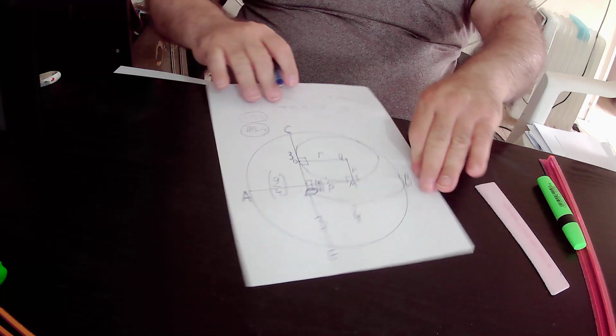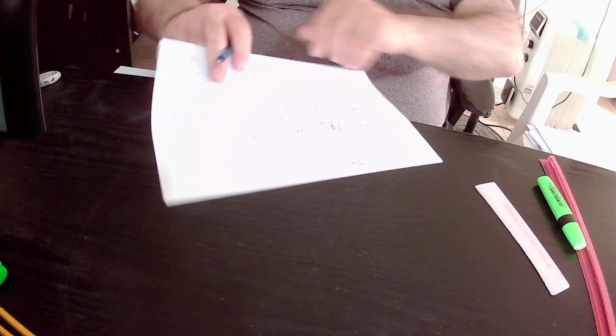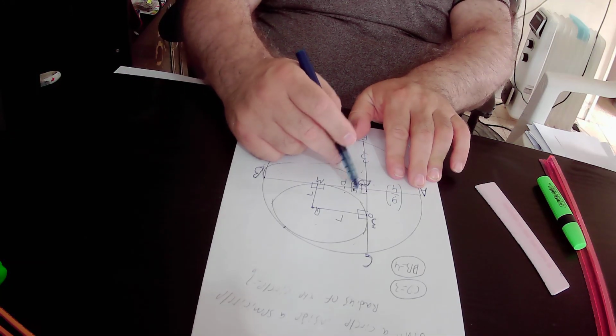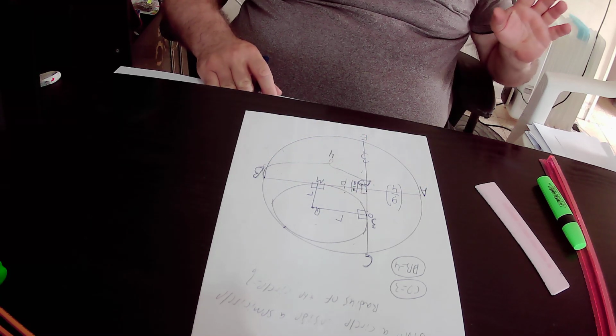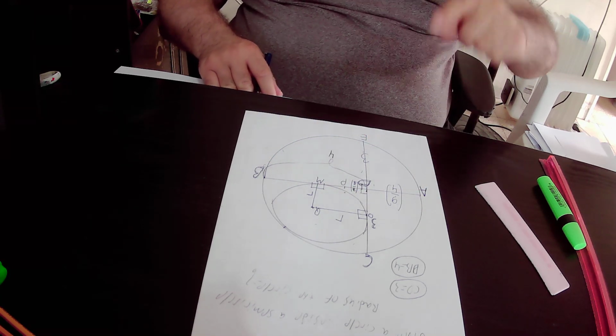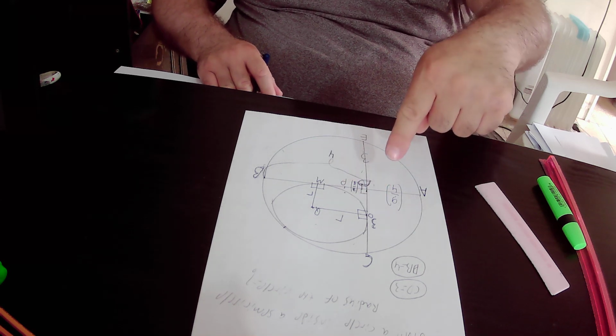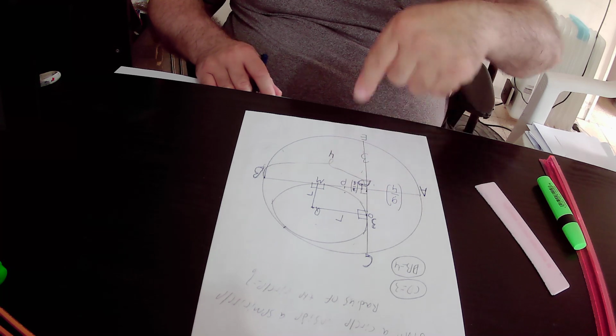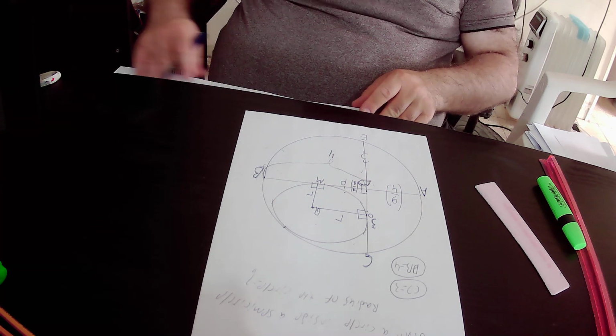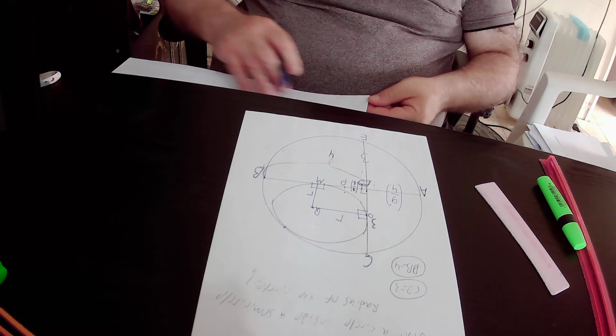So actually, if we focus on quadrilateral OQDM, in this quadrilateral we have 1, 2, 3 right angles. Again, in quadrilateral OQDM, we have 3 right angles. So I write it down.